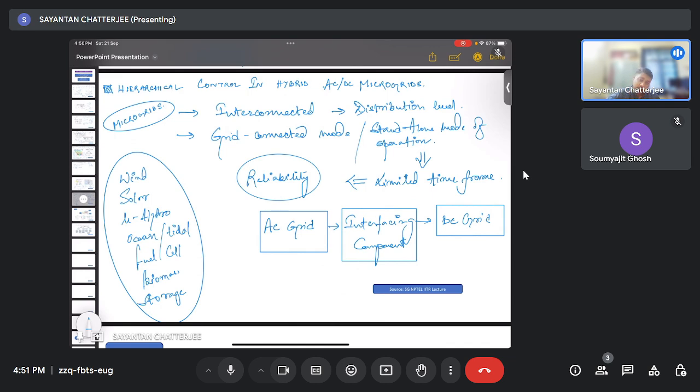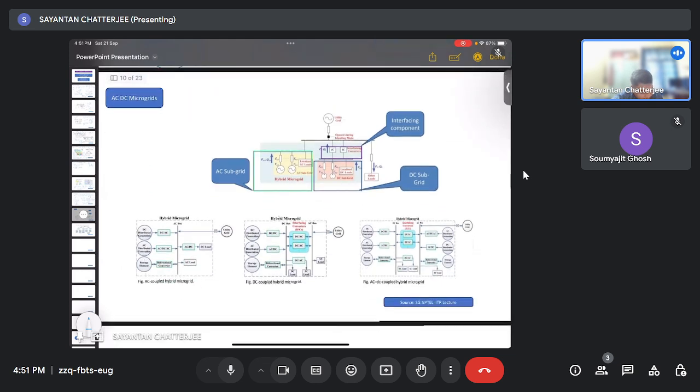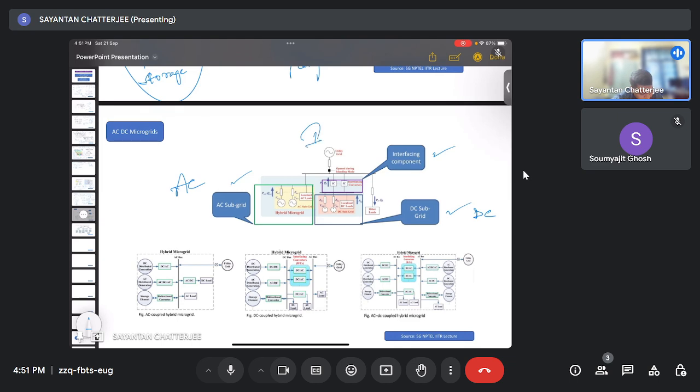There are physical components, and only these can't work altogether. So for that we have interfacing components, AC on this side, DC on this side. This is the interfacing, as previously discussed.